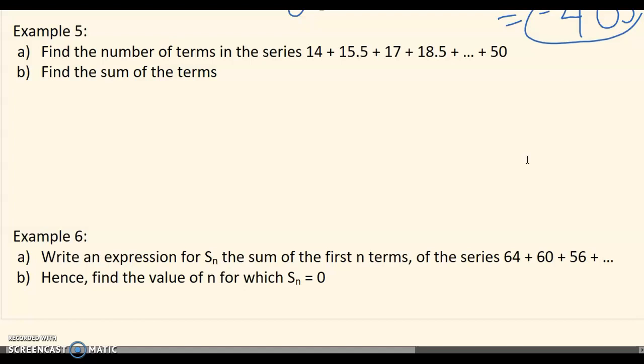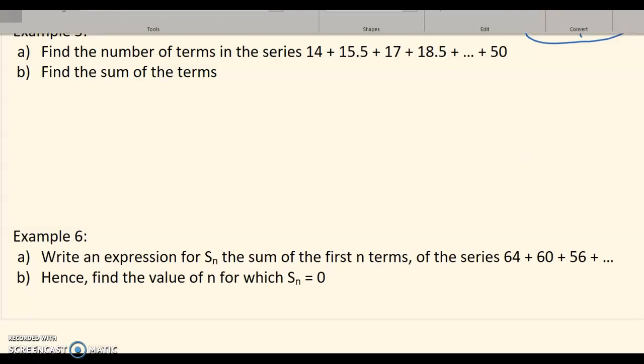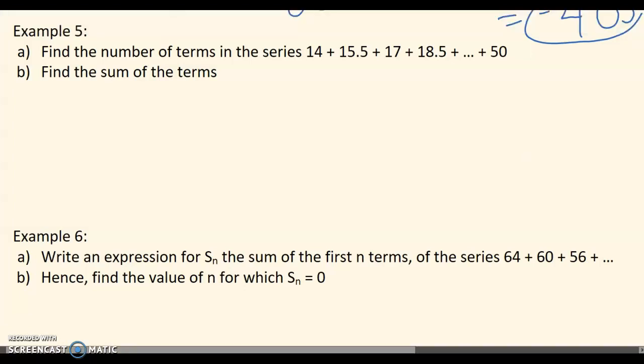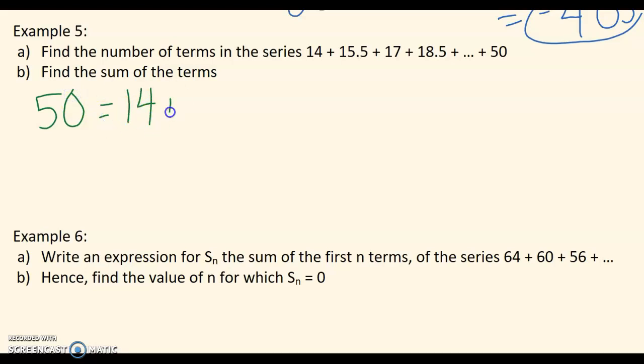Okay, so find the number of terms in the series. So we did that same method earlier, where you take the nth term equal to the 4th term. Common difference on this one is 3/2.